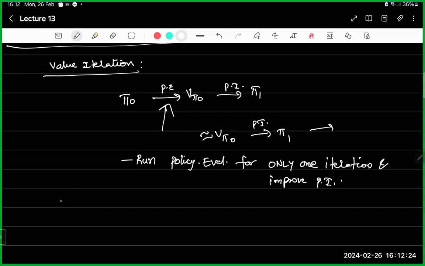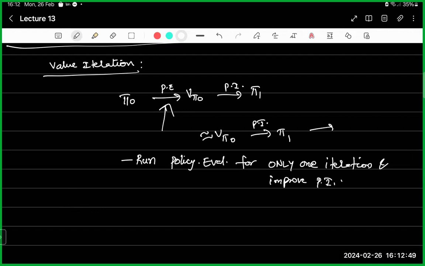So let's say I started with some policy pi naught and I just applied F pi on it once. I start with some arbitrary v naught and apply F pi once. So I'll get some v naught, let's say, after applying F pi. What will I do after applying it once? I'll have to improve that policy, right?